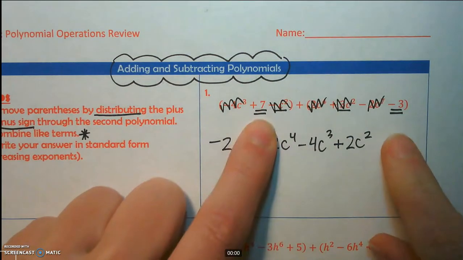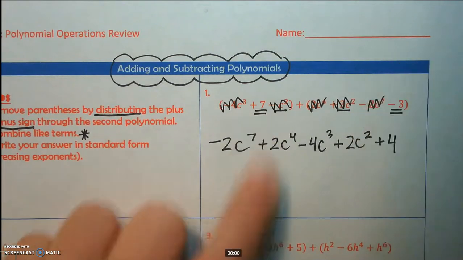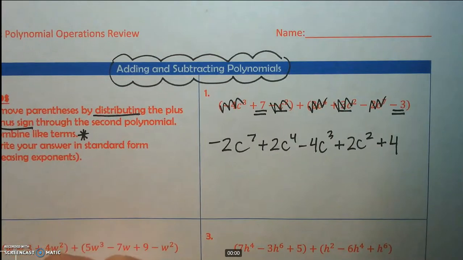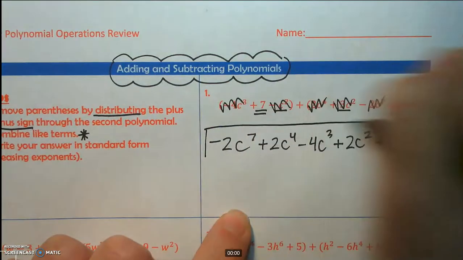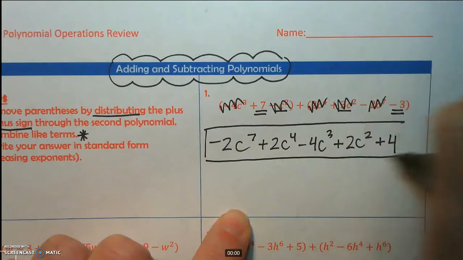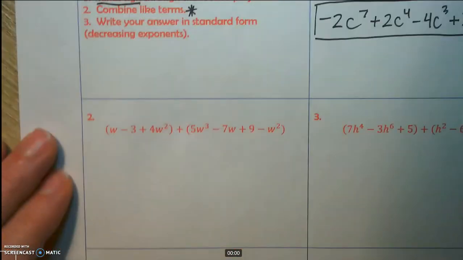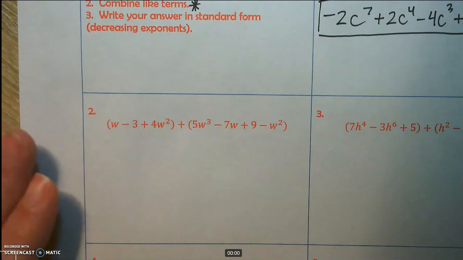And last but not least, 7 plus a negative 3 will give us a positive 4. Okay, there's no other like terms that we can combine. And it's written in standard form from the highest exponent to the lowest exponent. So we are done.